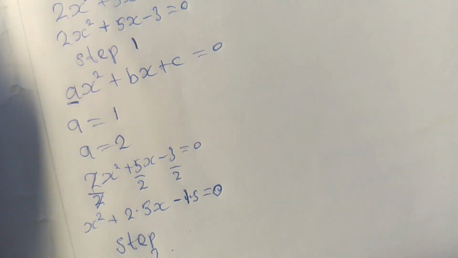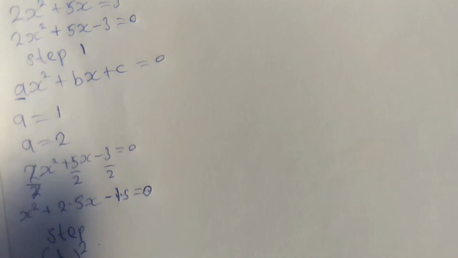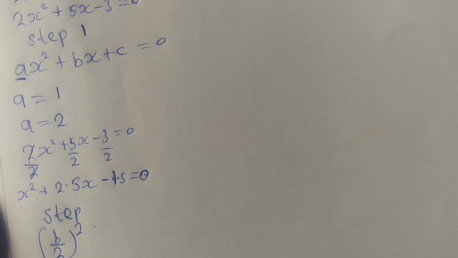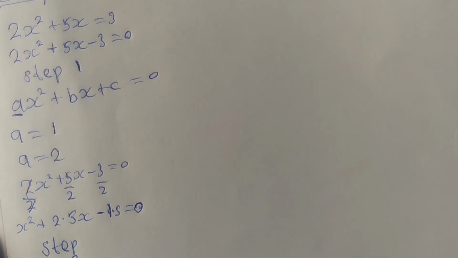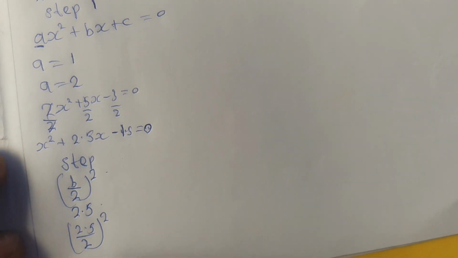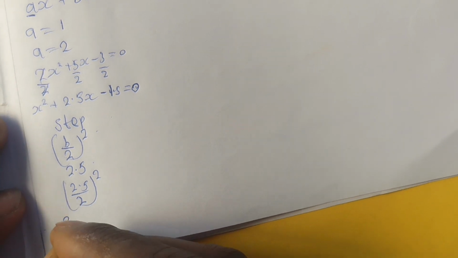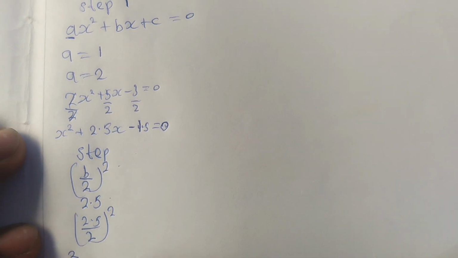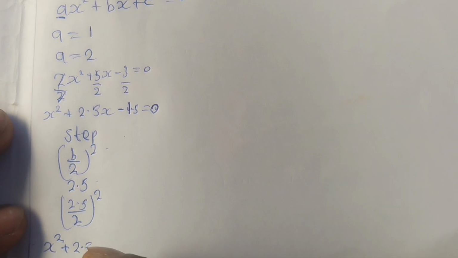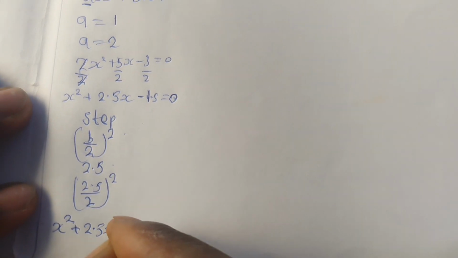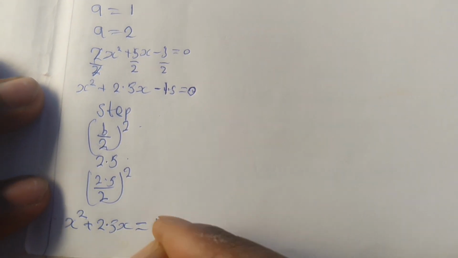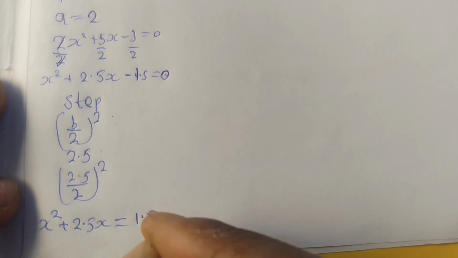So in this case we shall have x squared plus 2.5x is equal to 1.5.